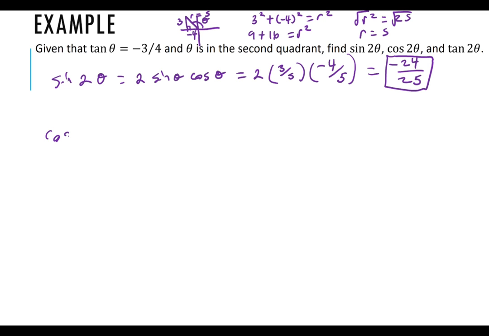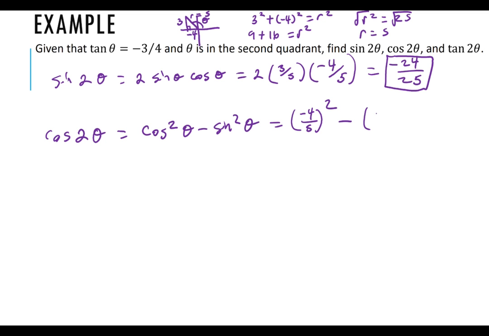Then if I want to find cosine of 2 theta, once again, any of the 3, but I'm going to use cosine squared theta minus sine squared theta. Well, cosine squared theta, that's going to give me negative 4/5 quantity squared minus sine squared of theta.